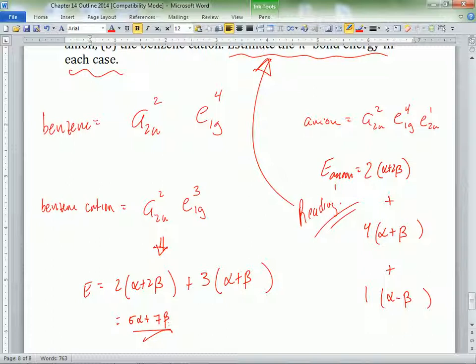I see the alpha plus 2 beta and the alpha plus beta, but where's the alpha minus beta? I got it out of the reading somewhere. Where did I get it? It says plus or minus beta. I dug it out of the reading somewhere.